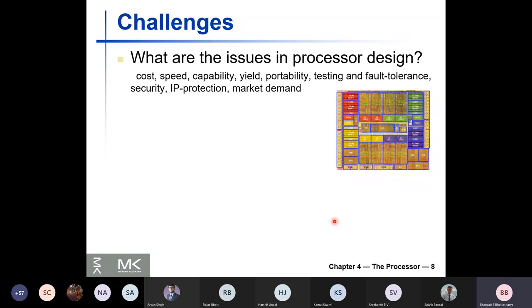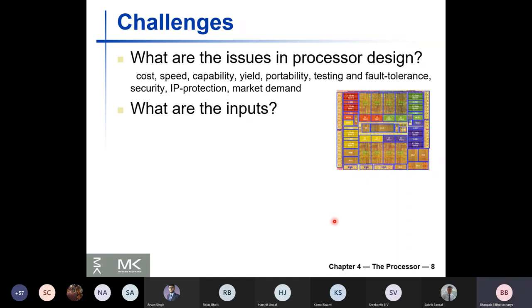You need to encrypt your design in such a way that the netlist behind it, that means the actual circuit description, cannot be so easily extracted by a third party. So those issues need to be considered when your objective is to come up with a processor design, and of course market demand.